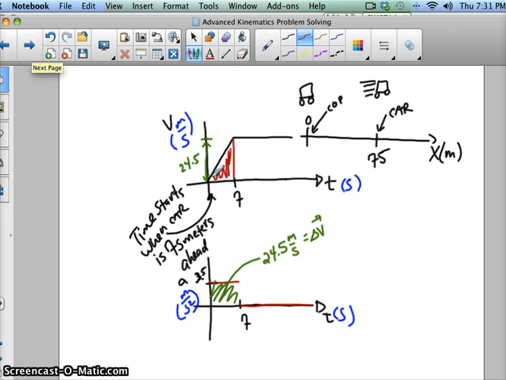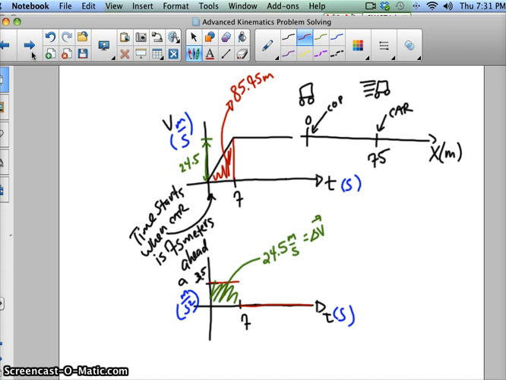So now I can figure out the displacement for the cop during that 7-second time period, and it comes out to be about 86 meters. We got 85.75 meters. And that's just from 24.5 meters per second times 7 seconds divided by 2.